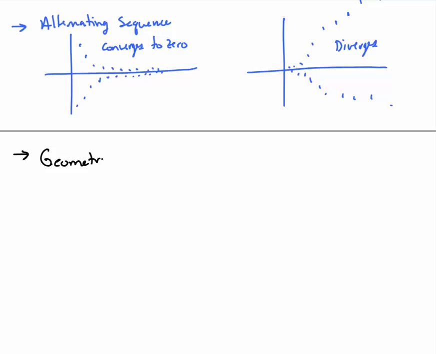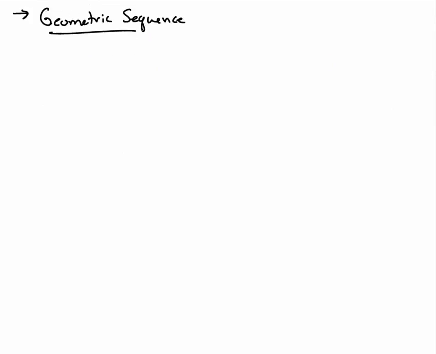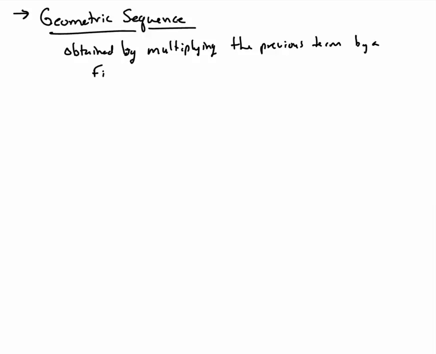Now, a geometric sequence sometimes will produce an alternating sequence, but not always. A geometric sequence has some particular characteristics that are important to know. First of all, its general form, well, actually let's talk about how it's obtained. A geometric sequence is basically obtained by multiplying the previous term of a sequence by some fixed constant.